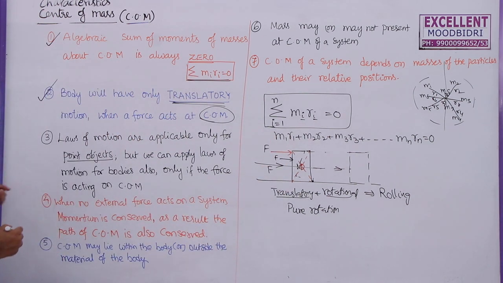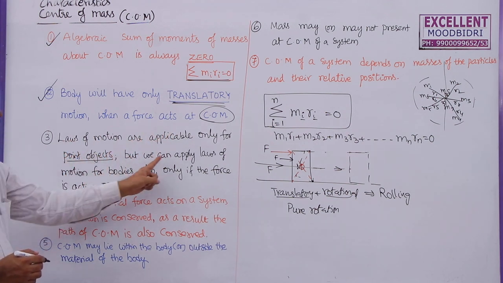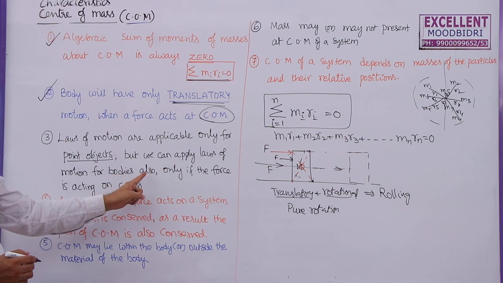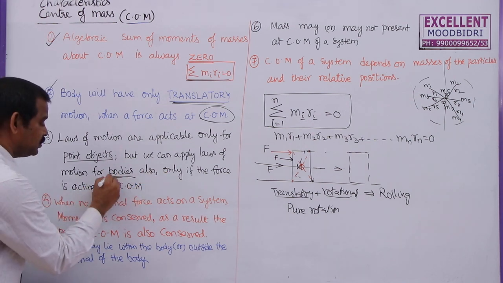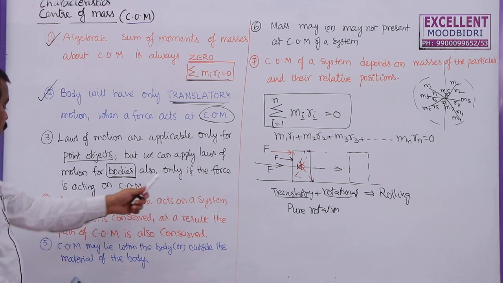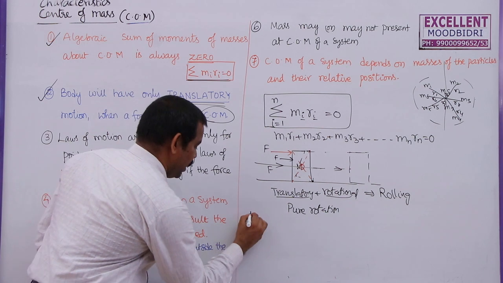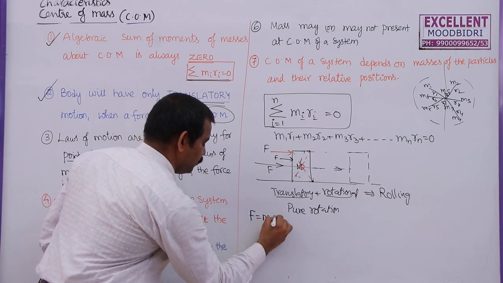Now the third one: the laws of motion are applicable only for point objects, but we can apply laws of motion for bodies also, that means systems of particles or bigger bodies, only if the force is acting on center of mass. Now we know that we have the formula F is equal to ma.